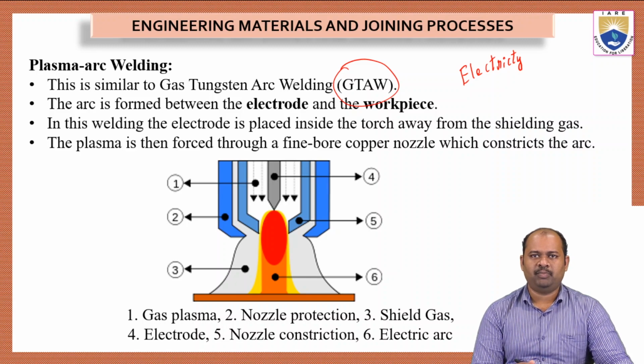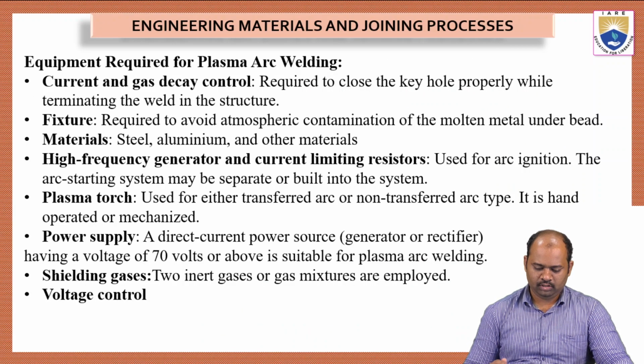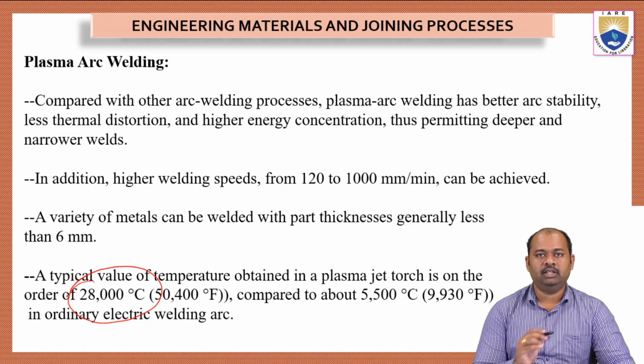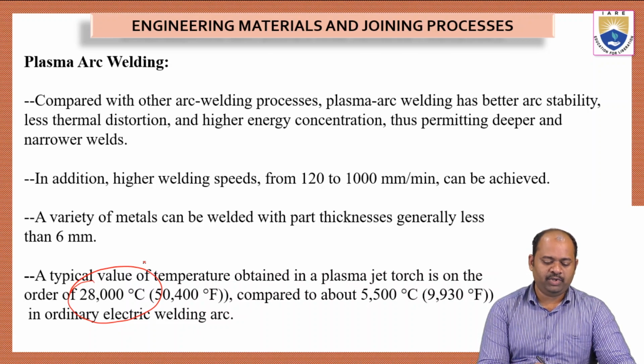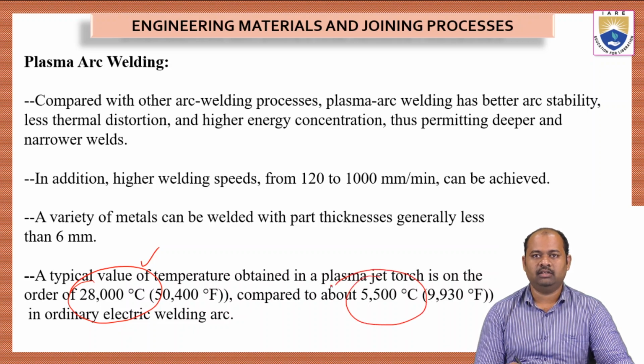Why do we need this plasma arc welding? Plasma arc welding can reach a temperature of about 28,000 degrees centigrade. Because of this high temperature, compared to normal welding, it is possible to melt many hard metals. Whereas in GTAW, the maximum temperature that can be reached is 5,500 degrees centigrade, which is far less than 28,000 degrees centigrade.